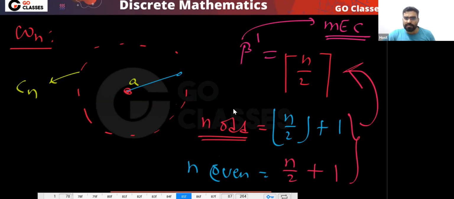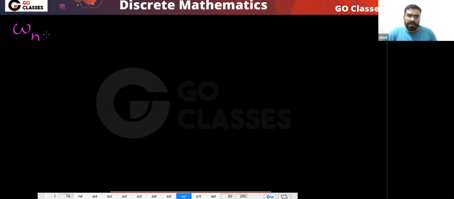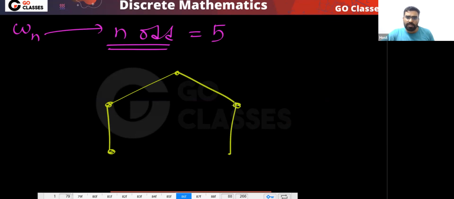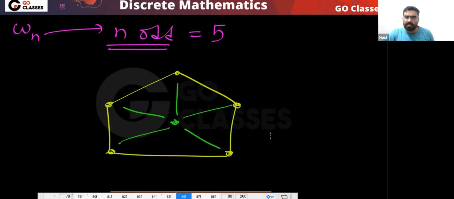Is this point clear? Odd one, please repeat. See, if you have Wn here, if n is odd, then what will happen? For example, if your n is 5, there is a C5 around you, and there is a middle vertex. Correct? Now you want beta dash, means minimum edge cover. Then what do you need?